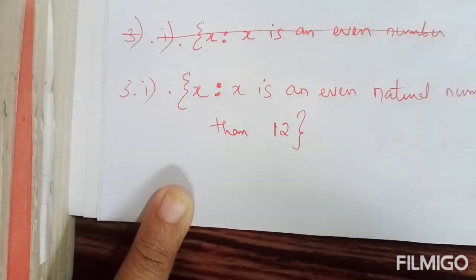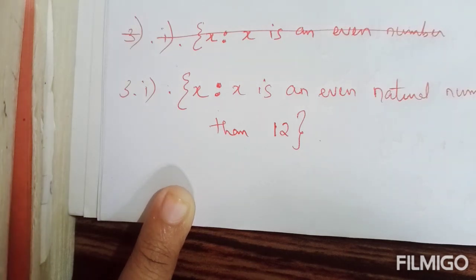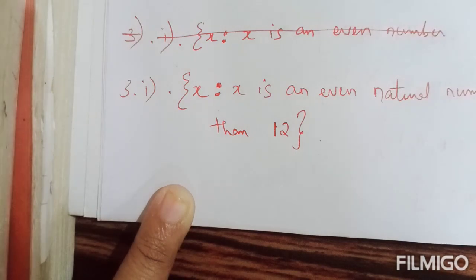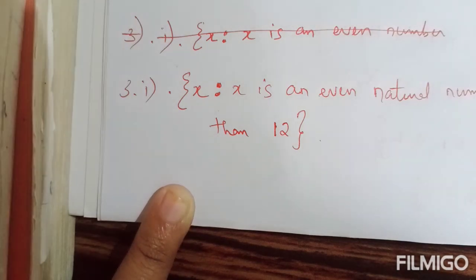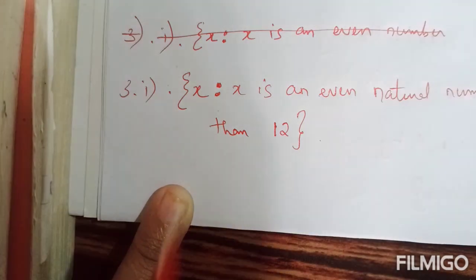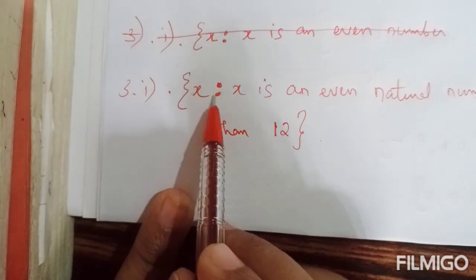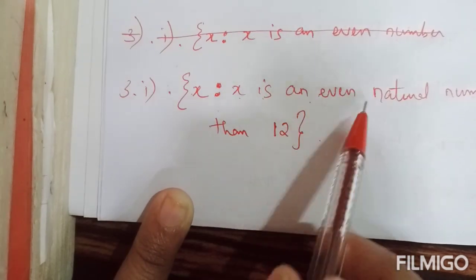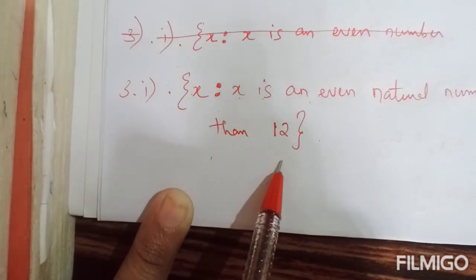Okay, we can write like this. 2, 4, 6, 8, 10. So these are even numbers, these are natural numbers, and these are less than 12. So we can write like this. Set of all x such that x is an even natural number less than 12.